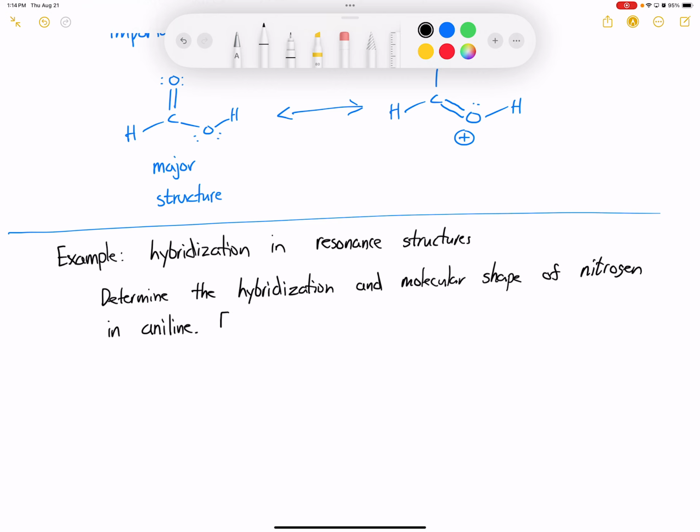Okay, and I want you to explain briefly. All right, I will have to draw aniline for you. So aniline is this compound. It's the benzene ring with an amine group attached off it. All right, so this is aniline.